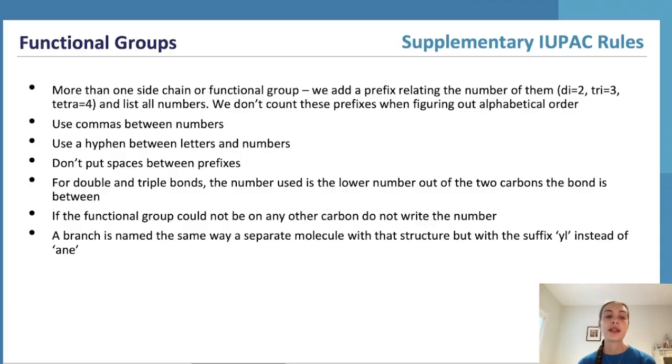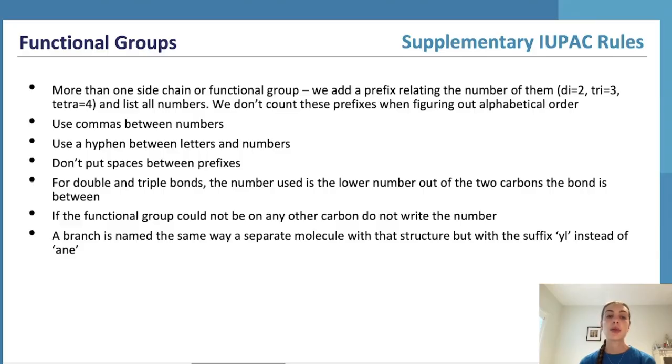That leads to the next point, which is using a hyphen between letters and numbers. Anywhere you separate the numbers from the letters, you're going to have to put a hyphen. So if there is a chlorine group on the second carbon, you'd call it 2-chloro, whatever the rest of the chain is.